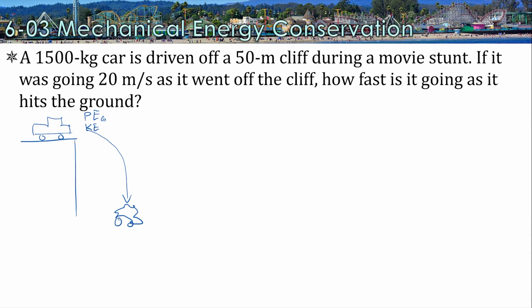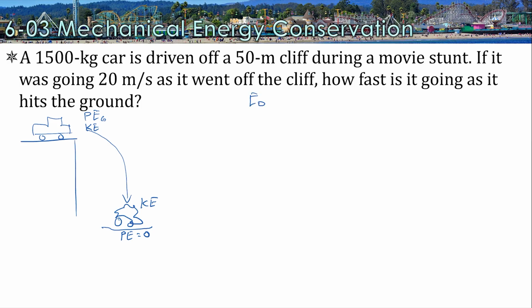When it's smushed on the ground, well, actually, we're going to go just as it hits the ground. So at the instant it hits the ground, it's not stopped yet, so it's still moving. So we don't know how fast it hits the ground, but we don't have any more height. The height is 0. So at the bottom, there's no potential energy, just kinetic energy.